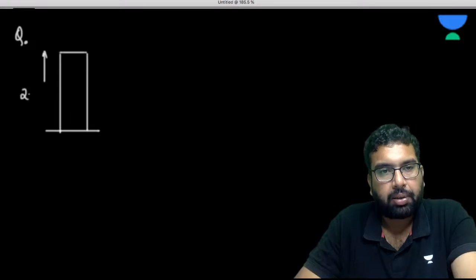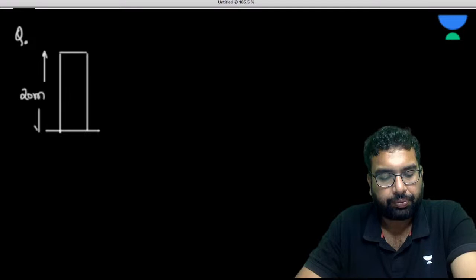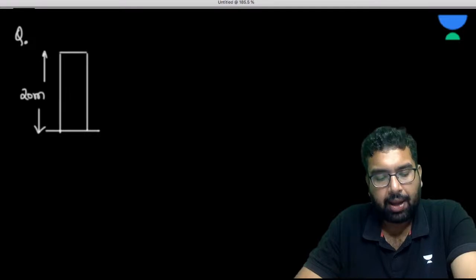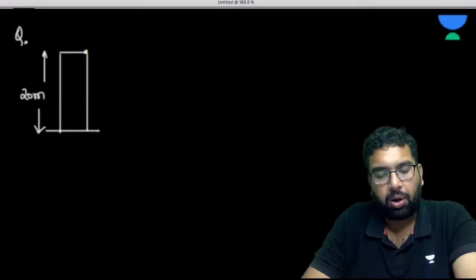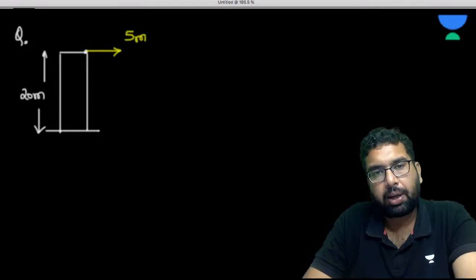So this is, let's suppose, 20 meter. Let's suppose a ball is thrown, or a body, a particle is thrown, whatever, at 5 meter per second velocity.